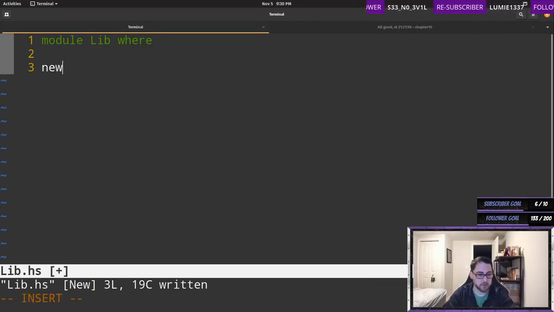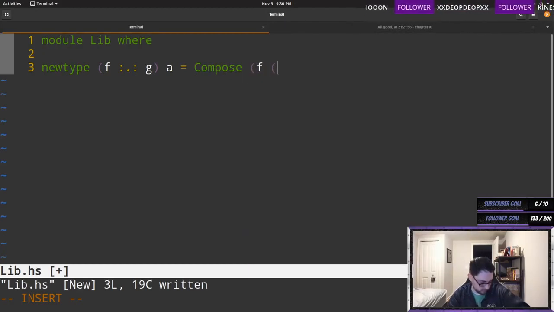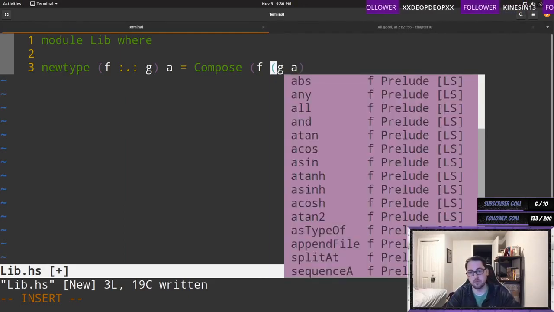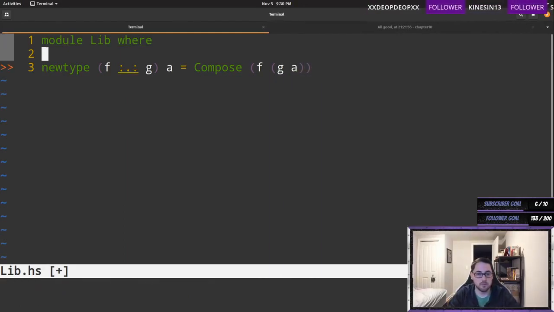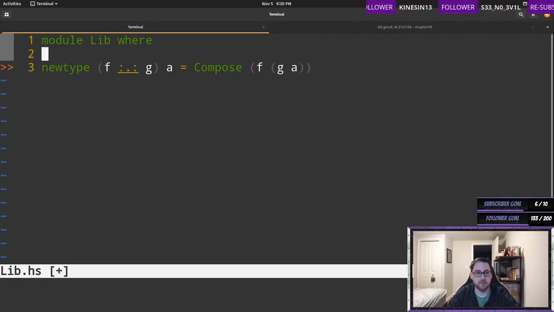Okay, so let's start playing with that. Newtype Compose F G A. Type operators. Why is that coming up automatically?